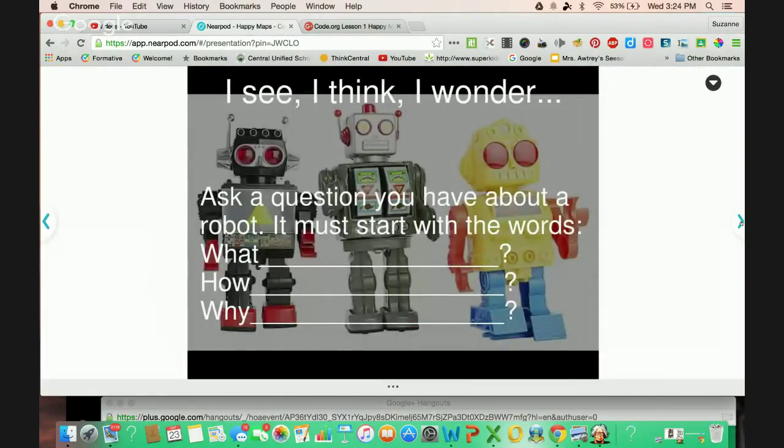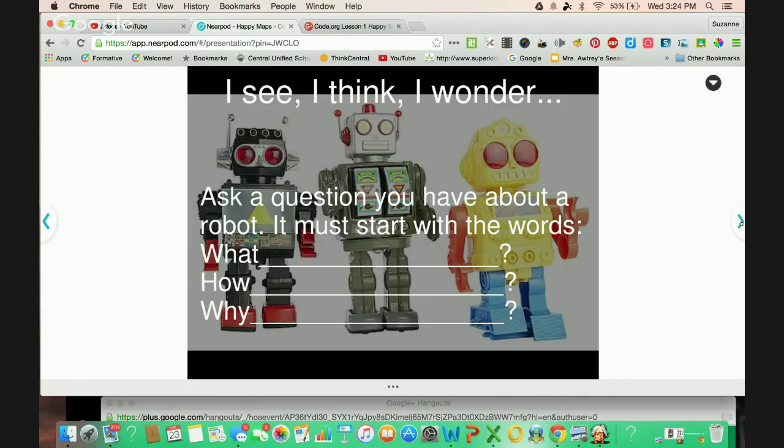Boys and girls, we are going to learn to become computer programmers and program to create video games, and computer programmers also program robots. And so when you think about robots, what is a question that you have about a robot? Your question must start with one of these words, with either what or how or why.